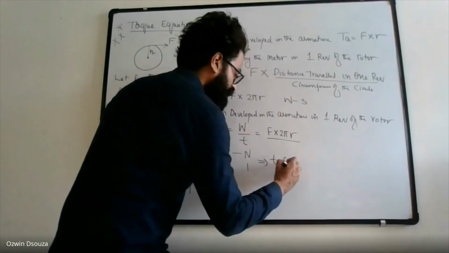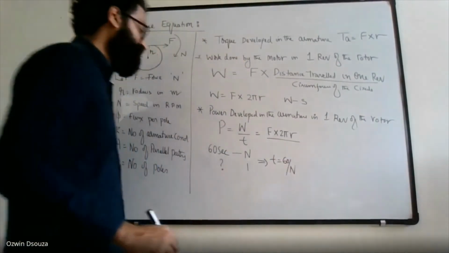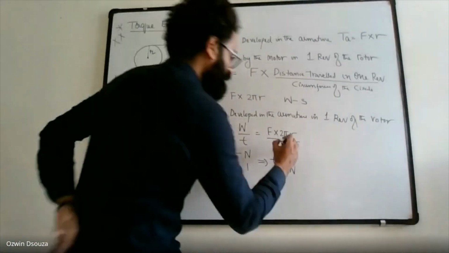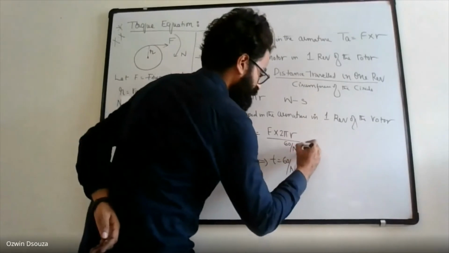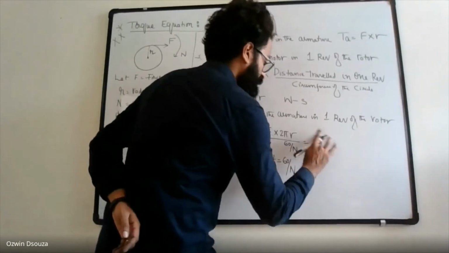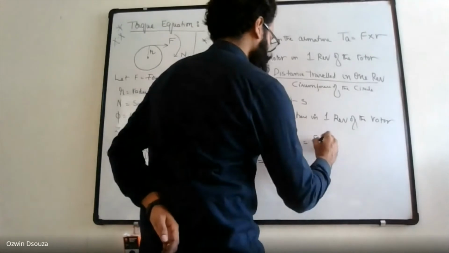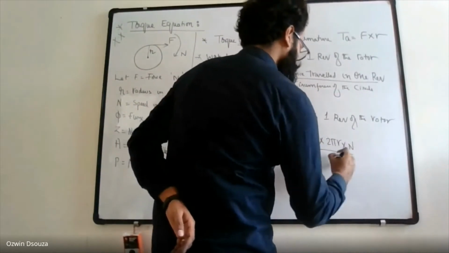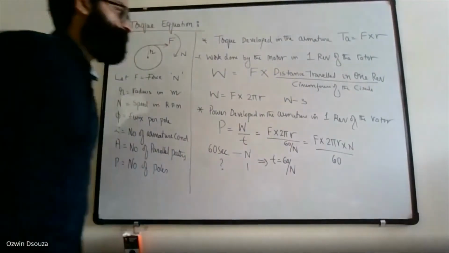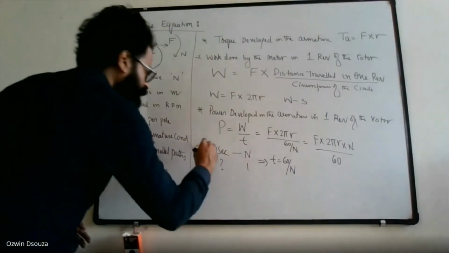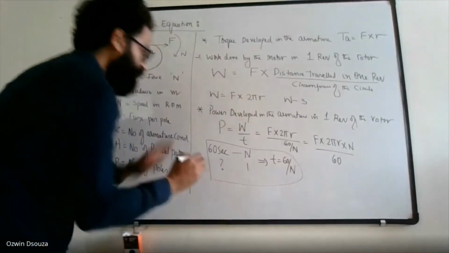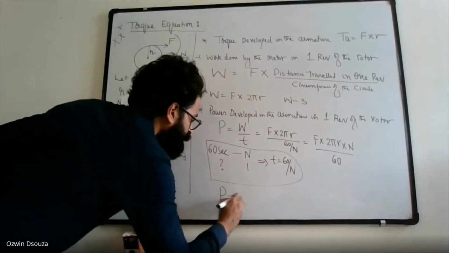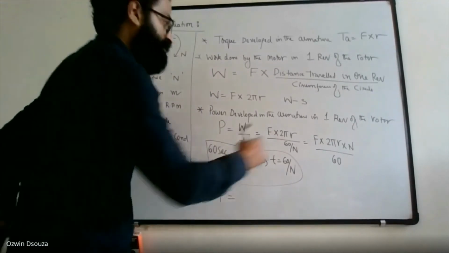So T is equal to 60 by n. Same thing you can substitute here. It is 60 divided by n, or it is F into 2 pi r into n divided by 60. Or you can rearrange this particular equation as P is equal to 2 pi n by 60.